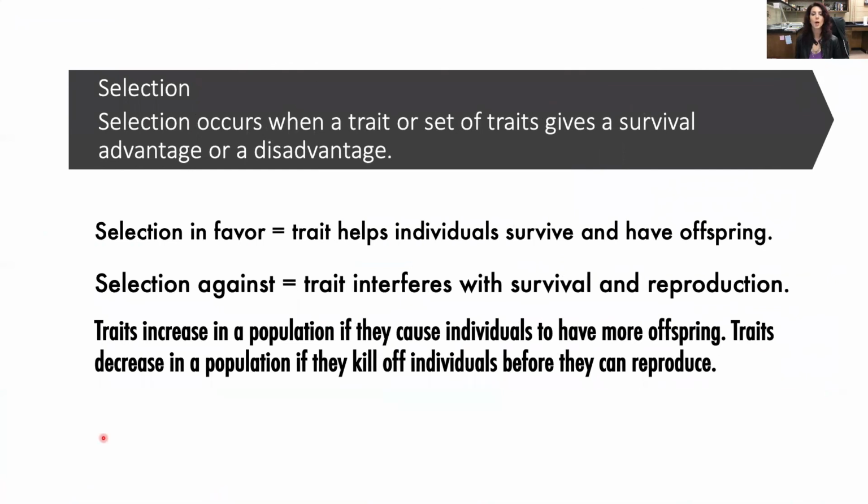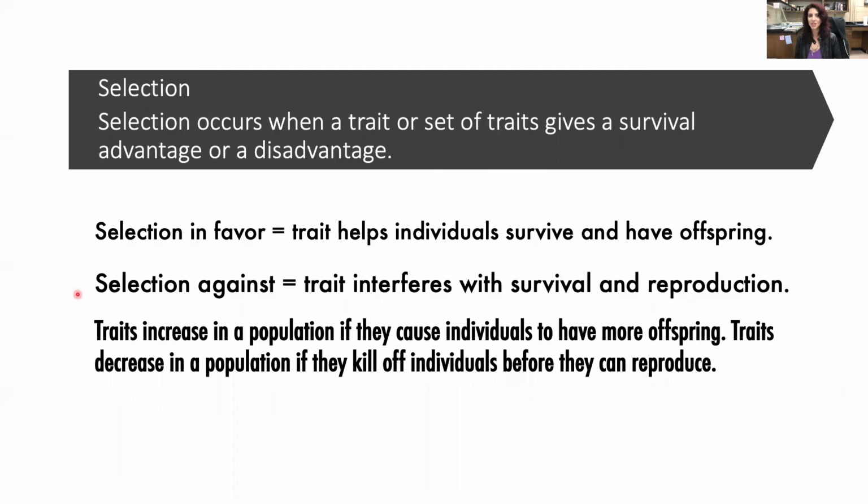So number one, talking about selection. Selection occurs when a trait or a set of traits gives a survival advantage or a disadvantage. Selection in favor of a trait means that this trait helps individuals survive and live long enough to have viable offspring.